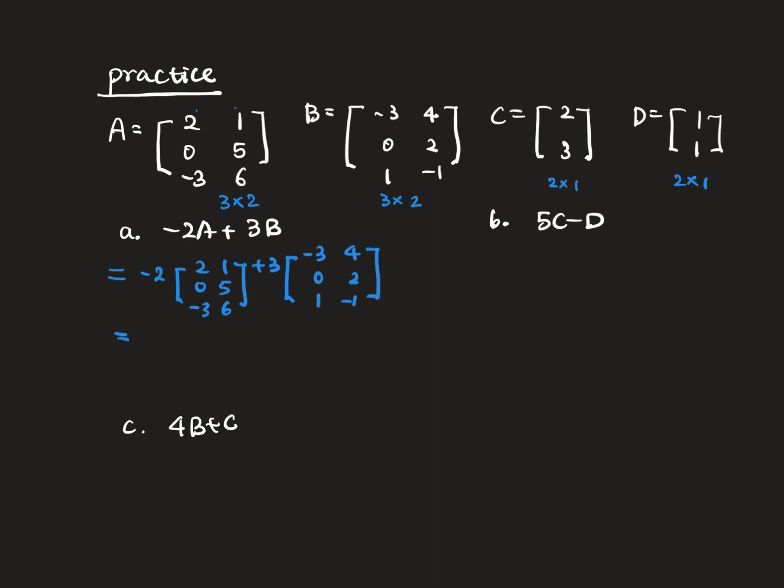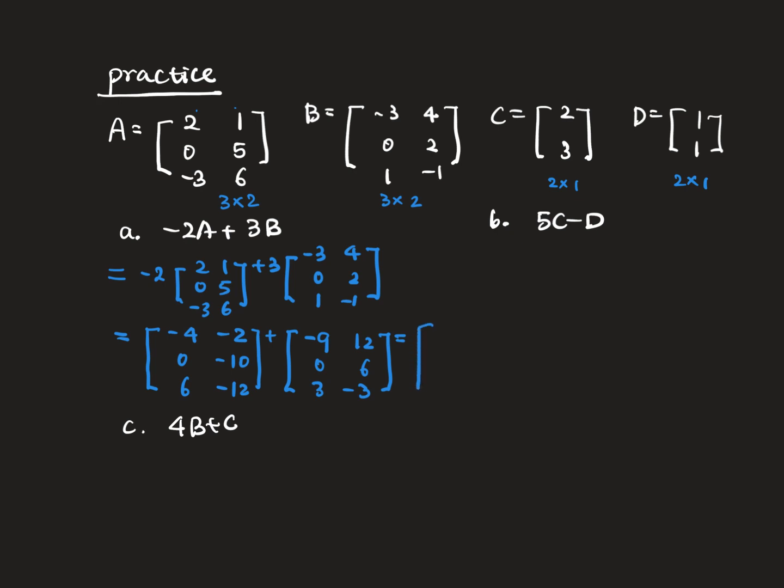So what do you have here, guys? Apply the scalar multiplication to each element, right? So -4, -2, 0, -10, 6, -12, plus -9, 12, 0, 6, 3, -3.